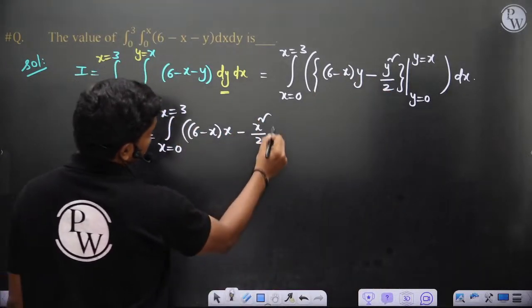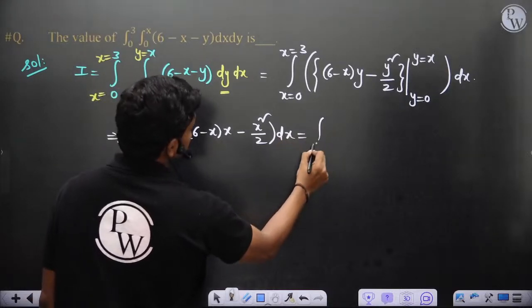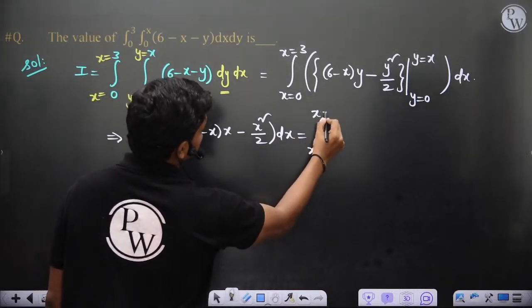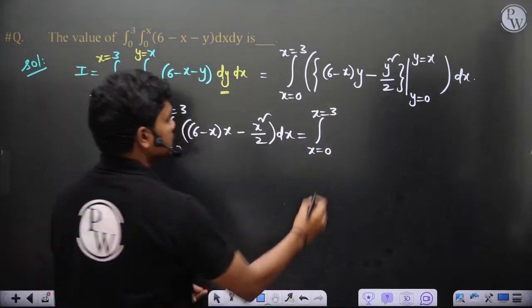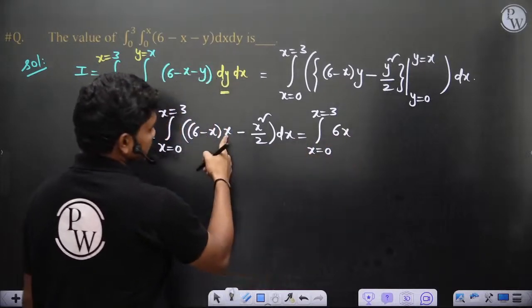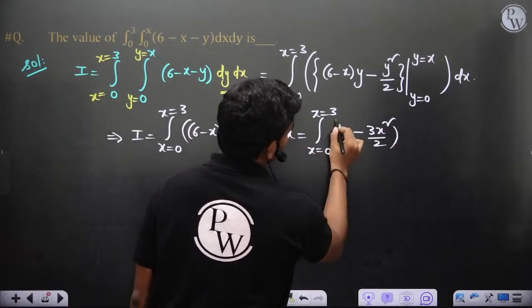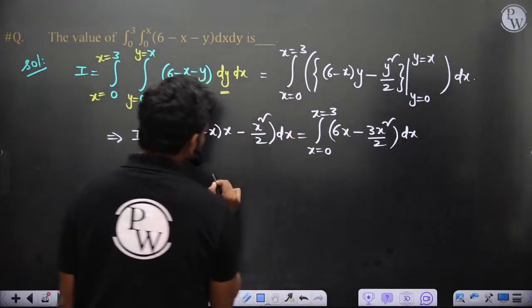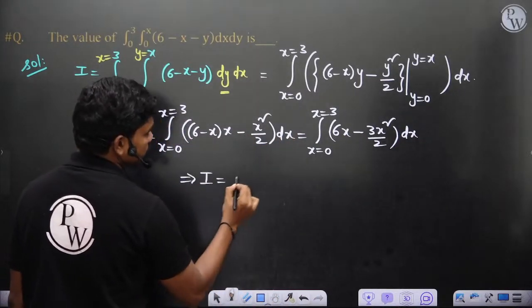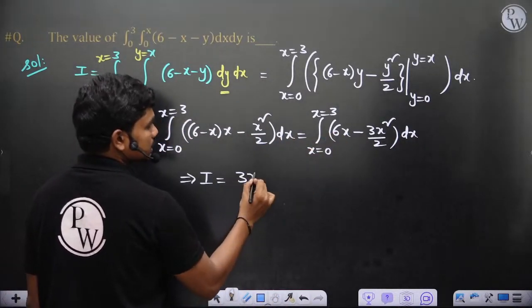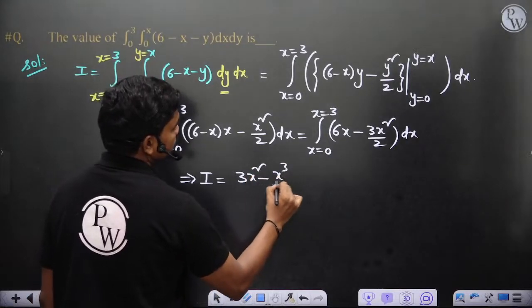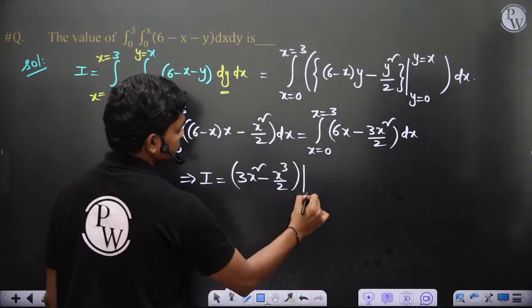So ultimately this dx gives you integral x is equal to 0 to x is equal to 3, 6 into x gives you 6x, minus x square by 2, minus 3x square by 2, dx. So I is equal to, it's a single variable integration, 3x square minus x cube by 2 within the limits 0 to 3.